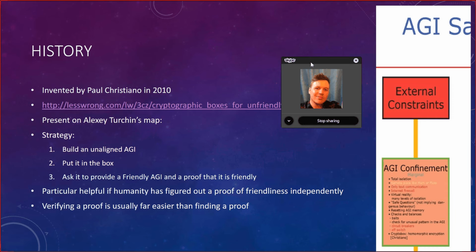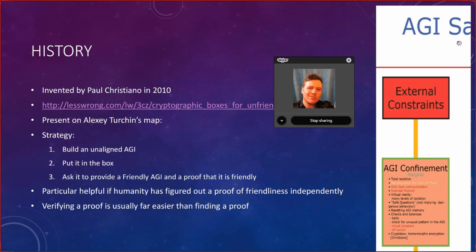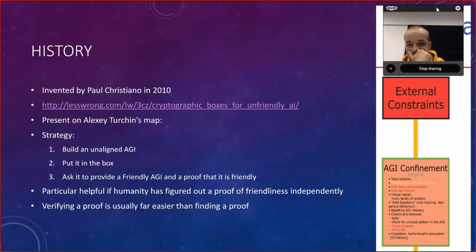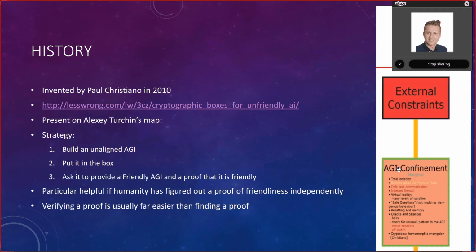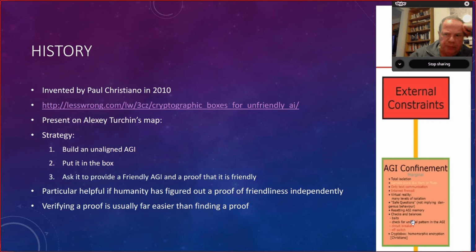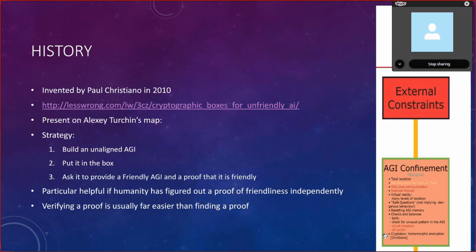If I just move here, in the part on AGI safety map, where on external constraints we have AGI confinement, the box, as one of the options, it has been written that it's a marginal solution. And at the very bottom you can see a crypto box, Homomorphic Encryption by Christiano. And this is exactly what we are looking at today.